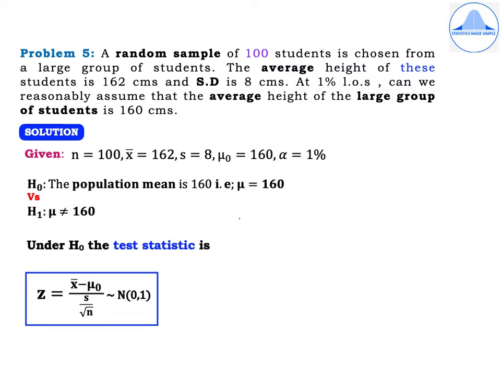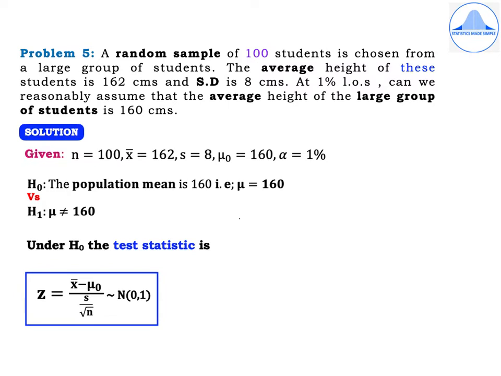In this problem, the number of students is 100. So the sample size is large. Then the words average, standard deviation are also present, and we have this random sample chosen only from one large population. So this problem falls in the category of test for single mean for large samples.